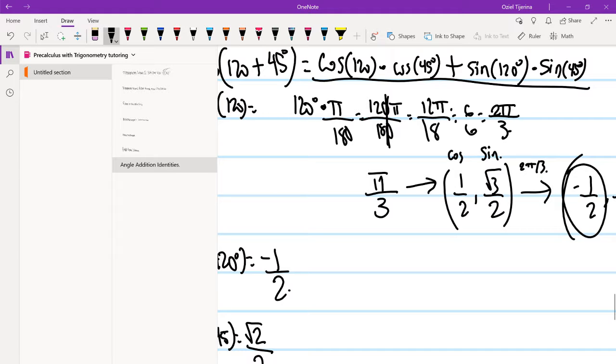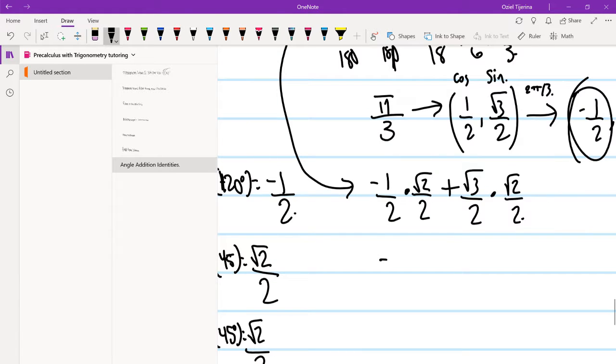So you would have negative square root of 2 over 4 plus the square root of 2 times 3 over 4, and that would give you negative the square root of 2 plus the square root of 6, all over 4.